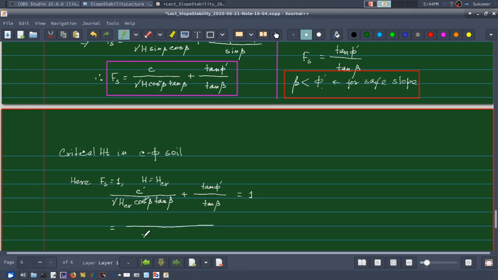Or let me put it: gamma H critical cos square beta tan beta, and this will be C plus gamma H critical into cos square beta into tan phi.